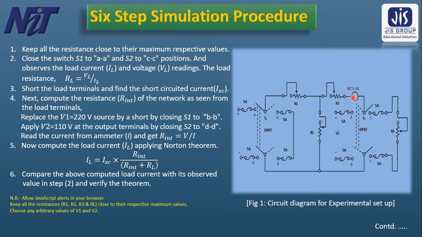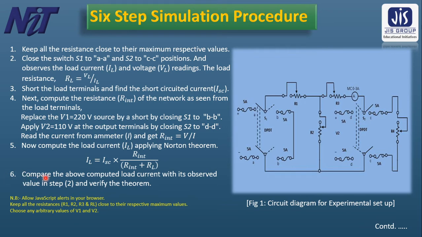Now we have to compare these two IL: one coming from the conventional current flow and another from applying the Norton theorem. In this way, the short circuit current will be multiplied by the factor R internal by R internal plus RL.